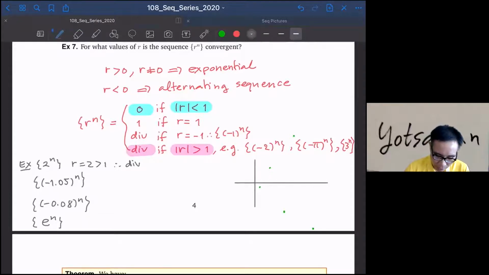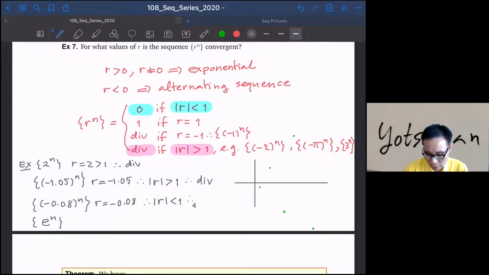If you have, in this case, r equal to negative 1.05, so you have absolute r more than 1, so it is also divergent. And you have r equal to negative 0.08, so you would get absolute r less than 1.